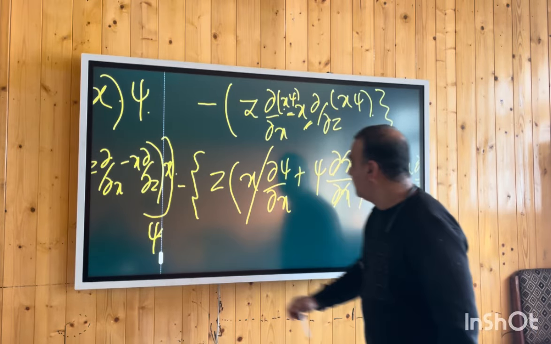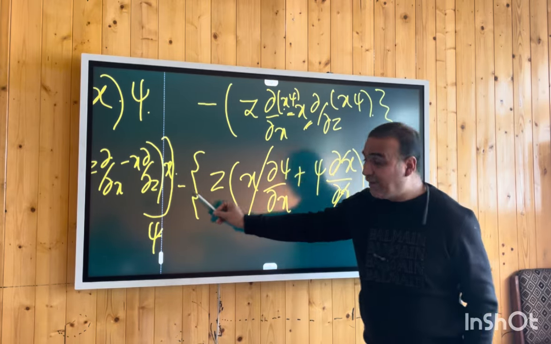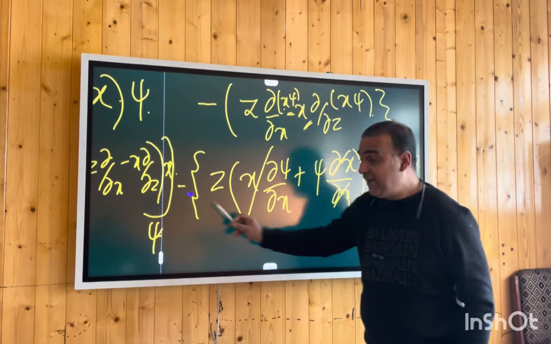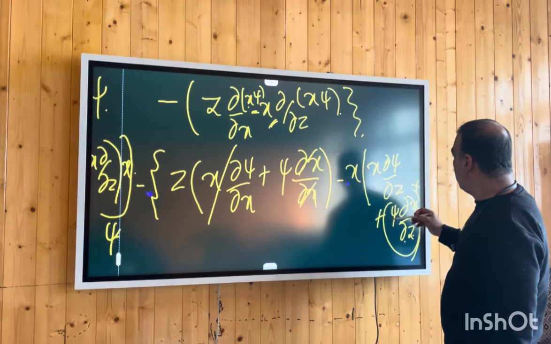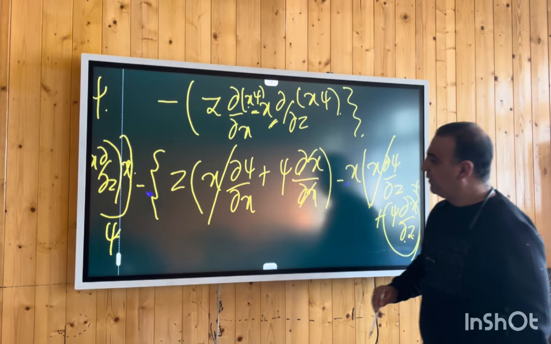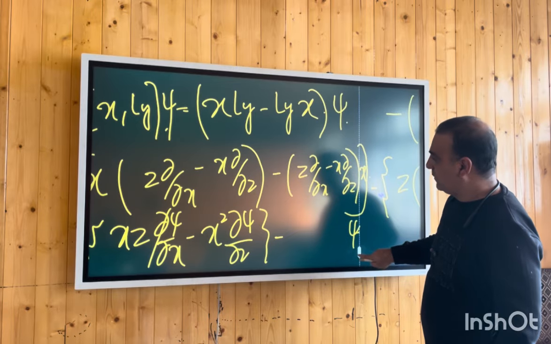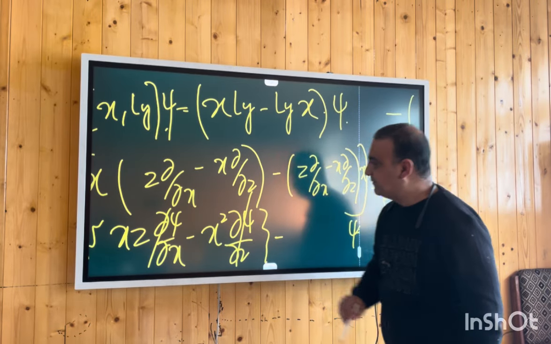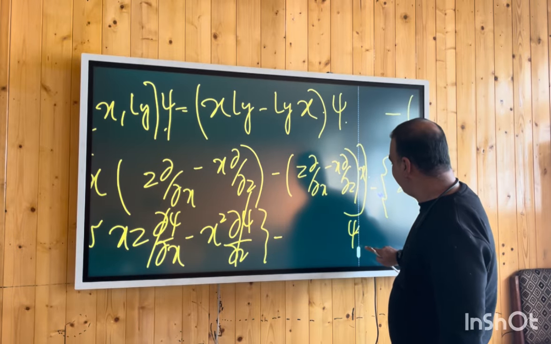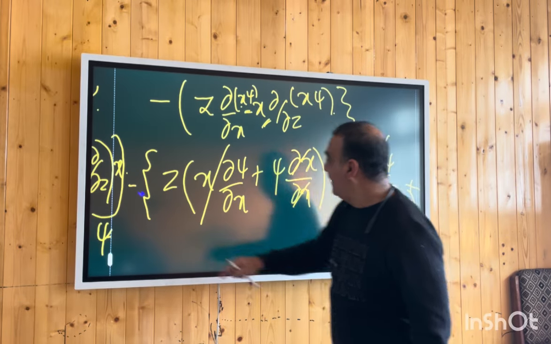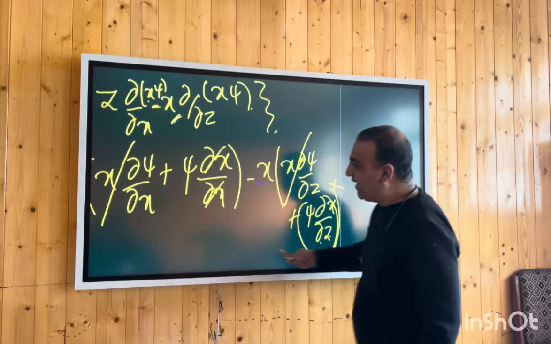Now look at this, this is its original minus. This minus will be multiplied by the minus that's outside. It will become positive, so you will get rid of this term also. So what's the result? The result is this part, psi. You can check it yourself.